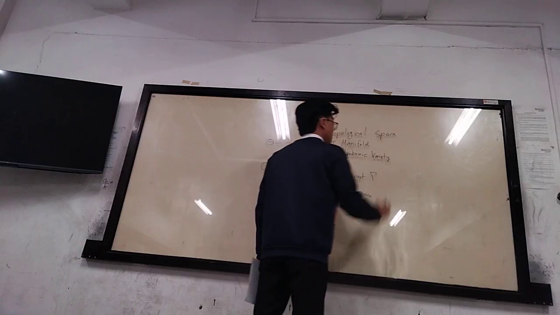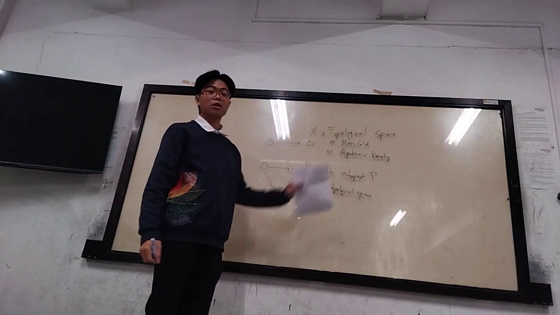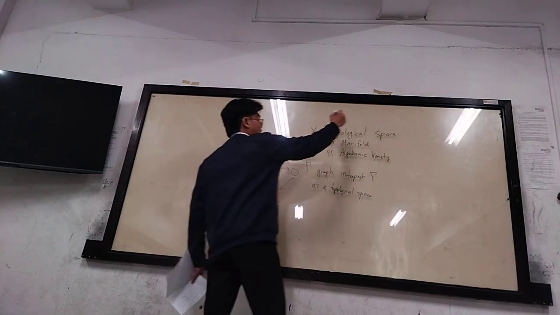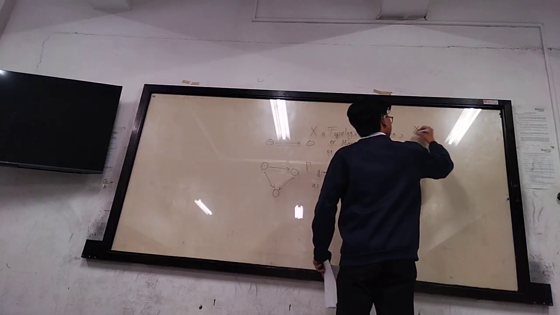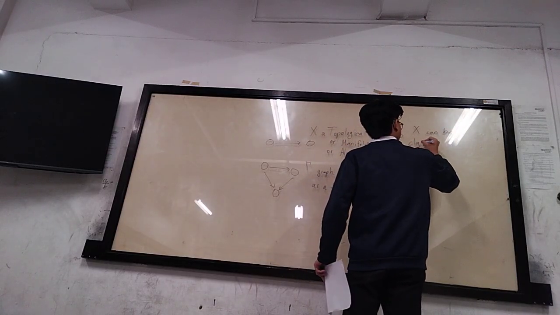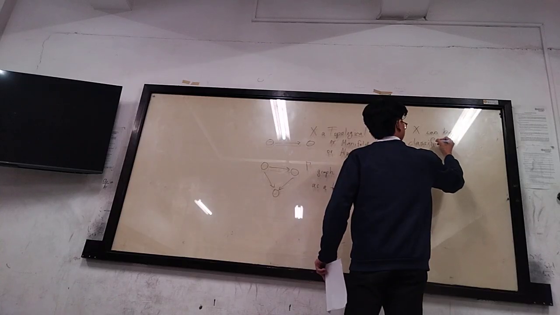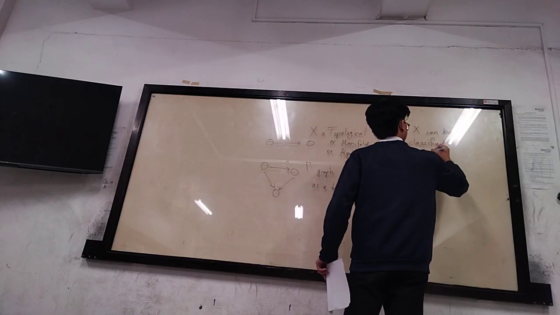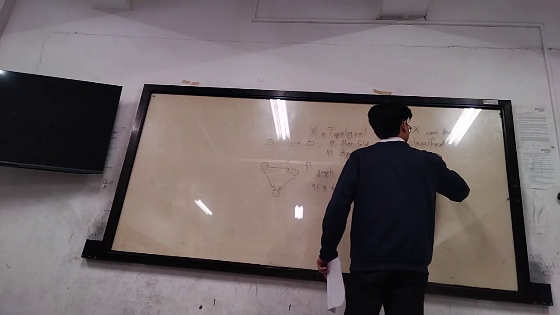So any kind of notion that is similar to a topological space, X can be classified via homology.